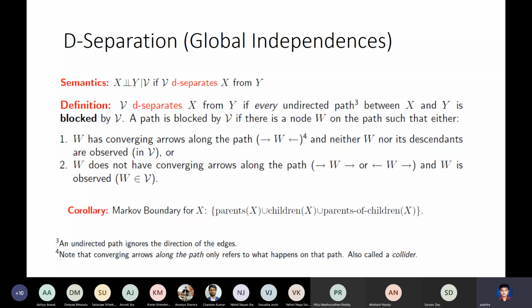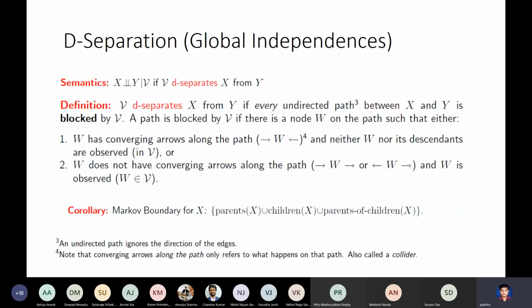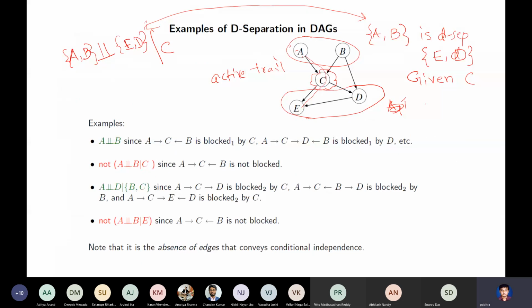I'd call this an active trail if the following happens. If you look at a trail and any intermediate node in the trail, I'll call it active in the following case.